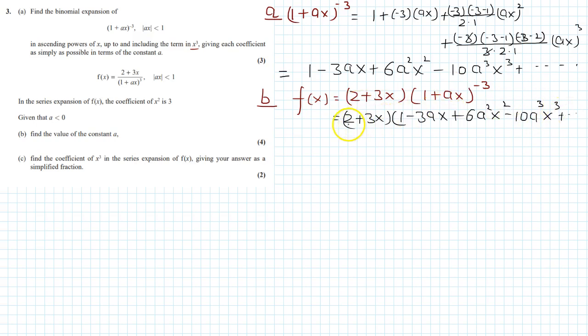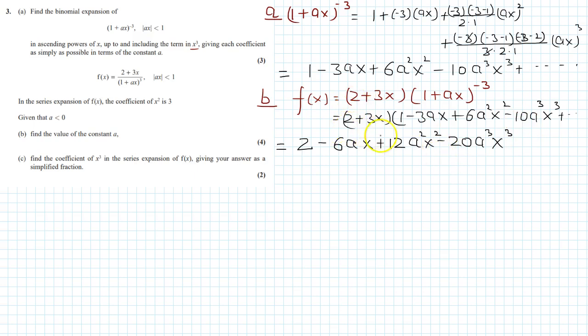Now we have to multiply. First we multiply the whole expansion by 2. So 2 times 1 is 2, minus 3 times 2 is 6ax, plus 12 a square x square, and minus 20 a cube x cube.